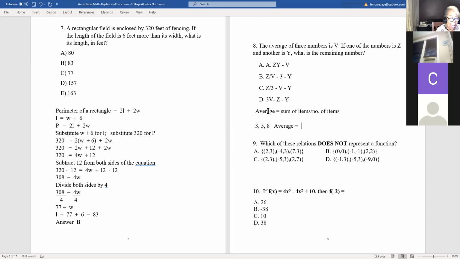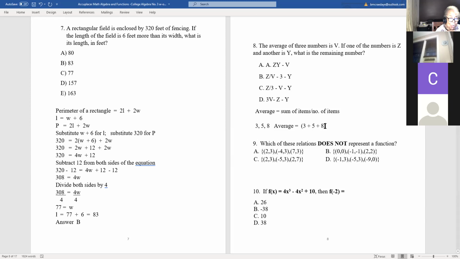That means you'd add 3 plus 5 plus 8. That's right, plus 8. Now, once I add this, I'll put this in parentheses: 3 plus 5 plus 8.